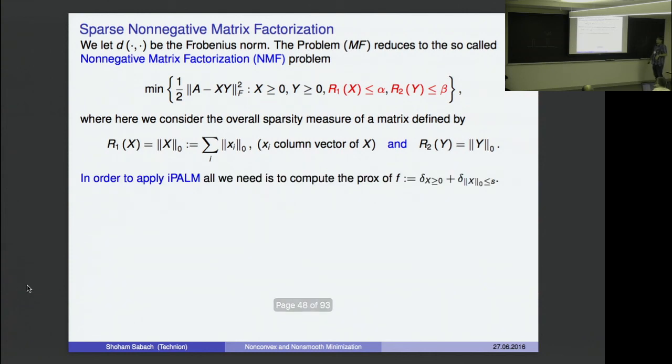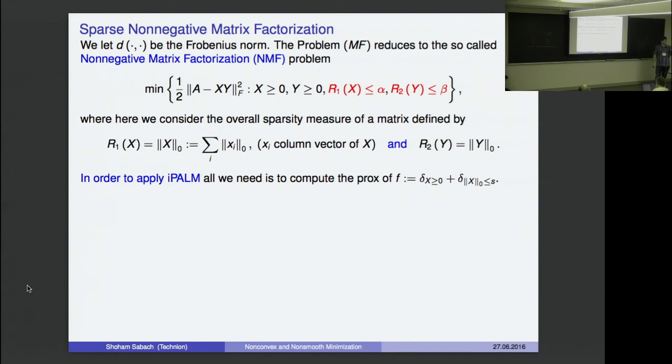So if you would like to apply IPALM here, the main effort of IPALM is the computation of the proximal gradient step. And actually, the computation of the proximal gradient step is the computation of a proximal mapping of the non-smooth function. In our case, the non-smooth function is actually given by the sum of two indicators.